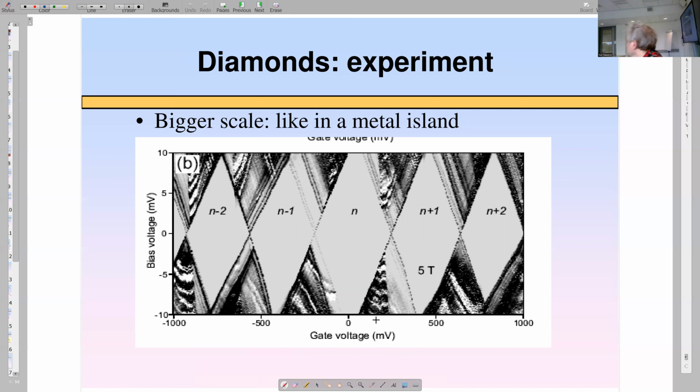It's Coulomb diamonds in a quantum dot setup. Quantum dots, again, are also an example of universality in quantum transport. You observe it in many systems. We've been talking about quantum dots in a two-dimensional gas. This is a quantum dot made in a carbon nanotube placed between two electrodes.